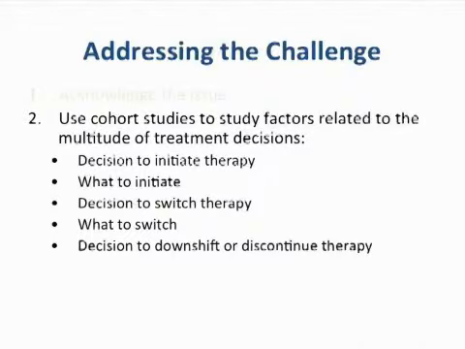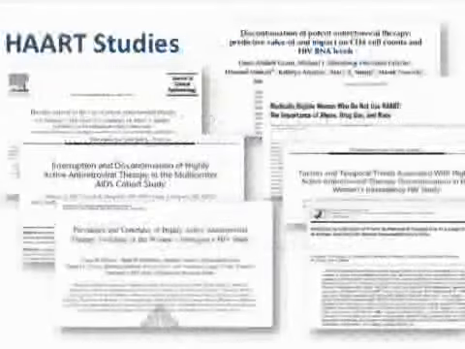But in observational studies, in non-randomized situations, we need to understand better the factors that are actually related to treatment decisions. And it's multifactorial. We have to understand those decisions: why someone initiates therapy, what they initiated with, whether they might switch therapy, what they switched to, and why they might have downshifted or discontinued.